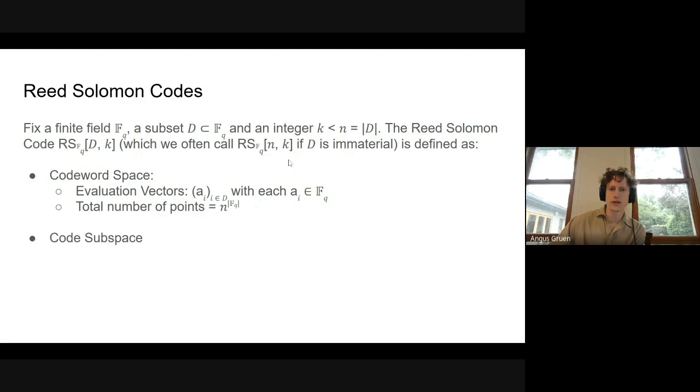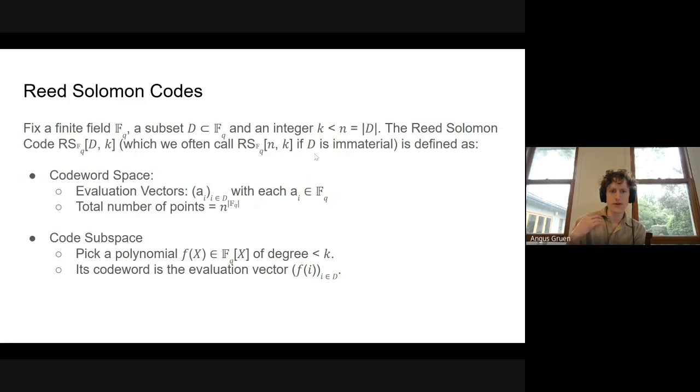And similarly, our code subspace is going to be basically we take polynomials of low degree, so degree less than our fixed K, and we look at the evaluation vectors of those polynomials. And you can easily work out that the number of code words is a much smaller number. So you can take a ratio here and see that assuming that K is a lot less than N, most things aren't code words.